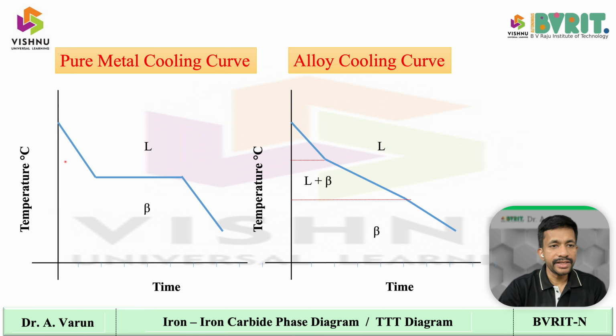When we plot a cooling curve for a pure metal, time versus temperature, this is how the pattern is. As time progresses, the temperature gradually decreases, and then it reaches a point called the freezing temperature, where the liquid freezes to solid.